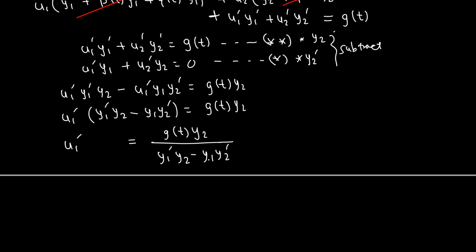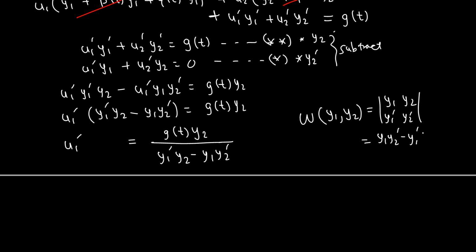And this is kind of the Wronskian of two functions. Let me show you here. The Wronskian of y1 and y2 is given by this determinant, y1 y2, y1 prime y2 prime. When we evaluate this determinant, this is y1 y2 prime minus y1 prime y2.